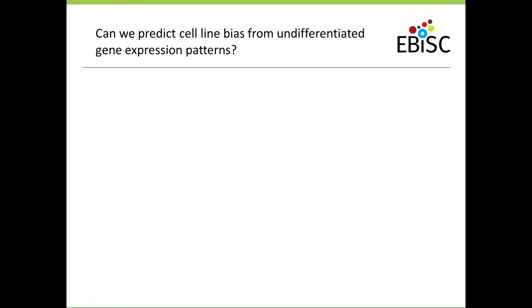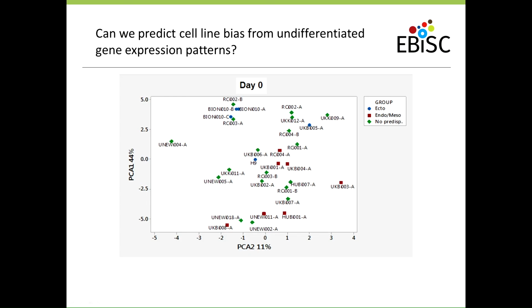So then the question we want to ask is, well, can we predict from undifferentiated cell gene expression patterns how these cells are going to behave if you differentiate them in this system? So this is the day 0 PCA of undifferentiated cells. And you can see we've now put the cell lines into their different colorings. And the answer is not really.